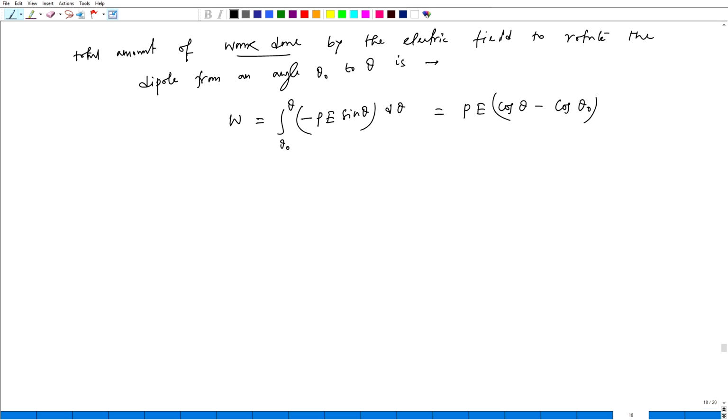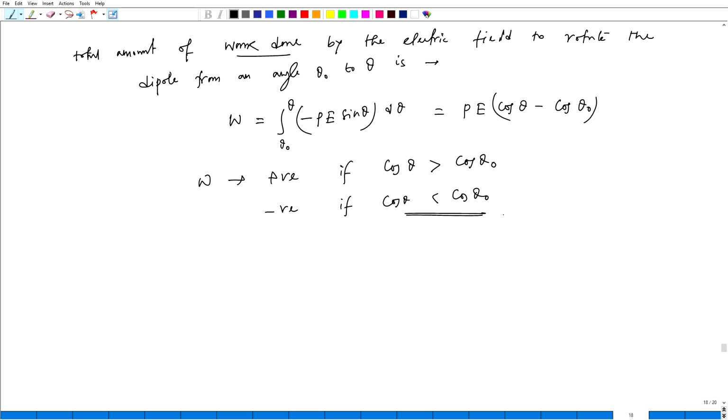So, W is positive if cos theta is greater than cos theta naught, and it is negative if cos theta is less than cos theta naught.